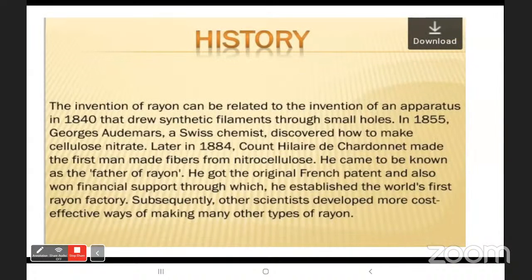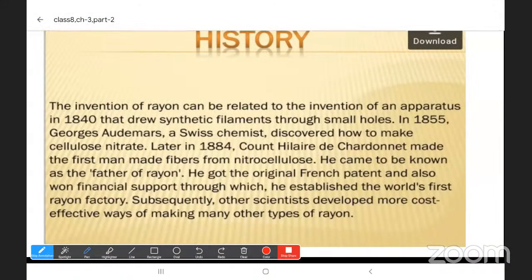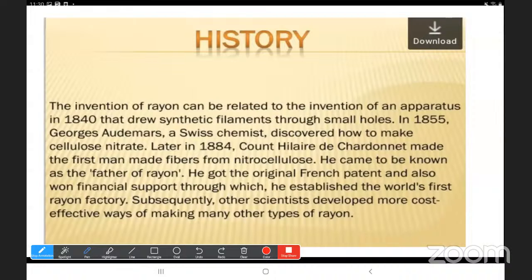Here, history of this rayon fiber. The invention of rayon can be related to the invention of an apparatus in 1840 that drew synthetic filaments through small holes. So in 1855, Georges Audemars, a Swiss chemist, discovered how to make cellulose nitrate.